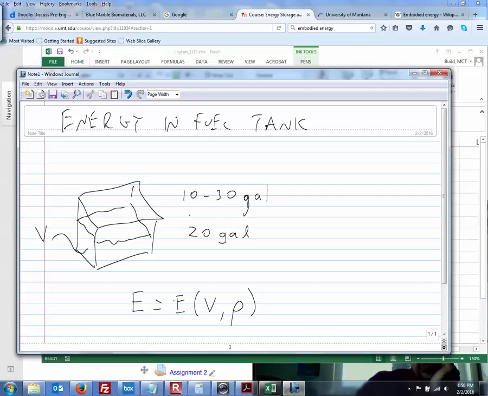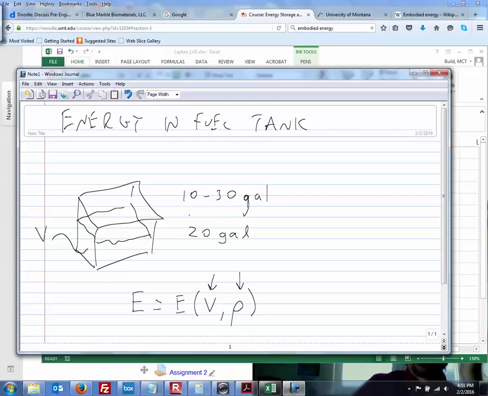Okay, so the question is, is there anything else I need to know to determine how much energy is in the tank? Obviously, the more fuel there is in the tank and the more energy there is per unit volume, the more energy there's going to be. You might think, well, gosh, what about the temperature? Well, maybe a little bit. What about the grade of fuel?